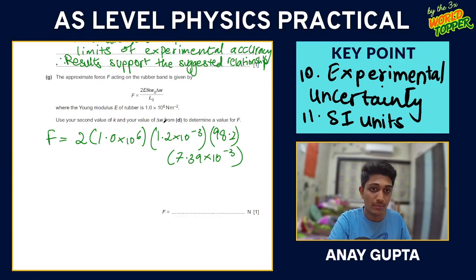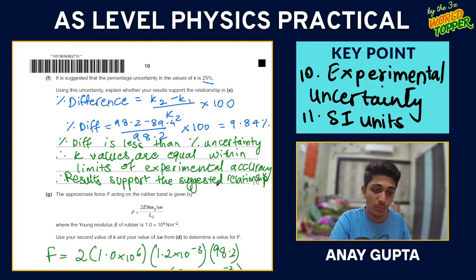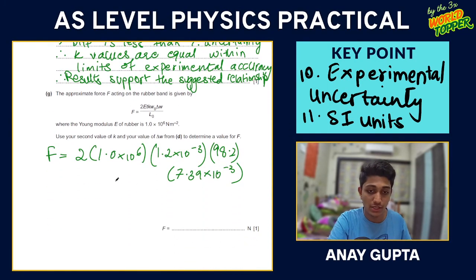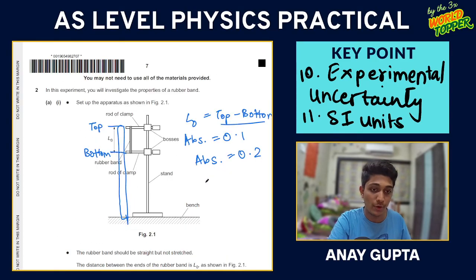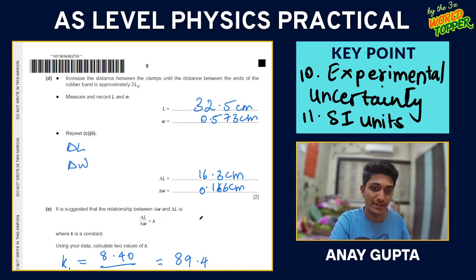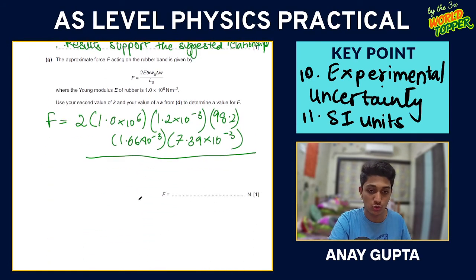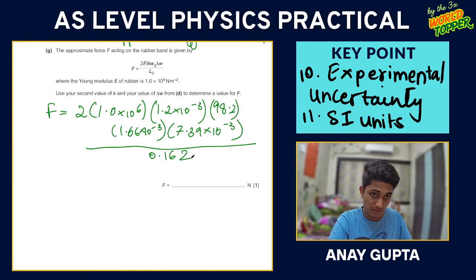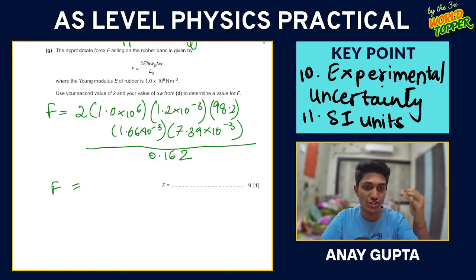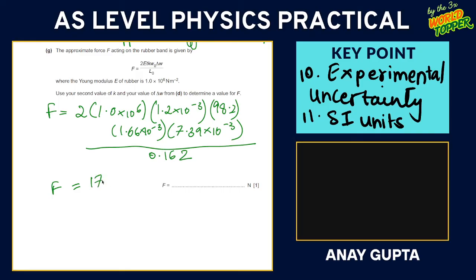And the second value of delta W is 0.166, which converts to 1.66 into 10 raised to minus 3, upon L0. L0 is 16.2 centimeters, so in meters that becomes 0.162 meters. So F, if you just put this into your calculator, I know there's a lot of numbers, but if you stop the video and think about this logically, it will all make sense. This comes up to around 17.8 newtons.